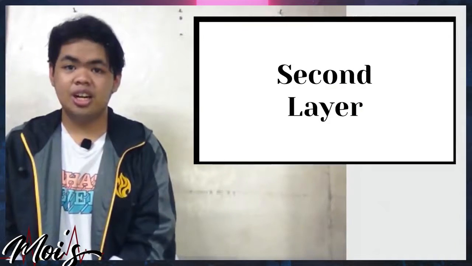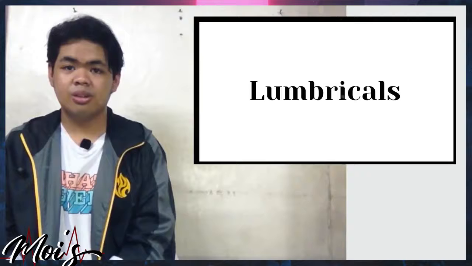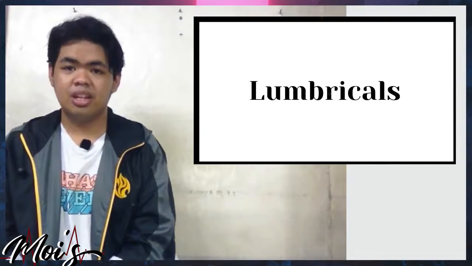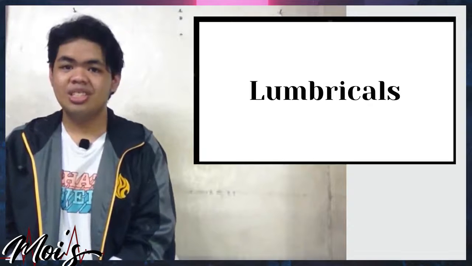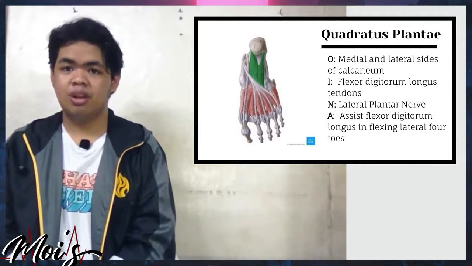For the second layer of the sole muscles, it consists of your quadratus plantae and the lumbricals. This layer also consists of the tendons of the flexor digitorum longus and the flexor hallucis longus. The quadratus plantae originates at the medial and lateral calcaneus and inserts at the tendons of the flexor digitorum longus.